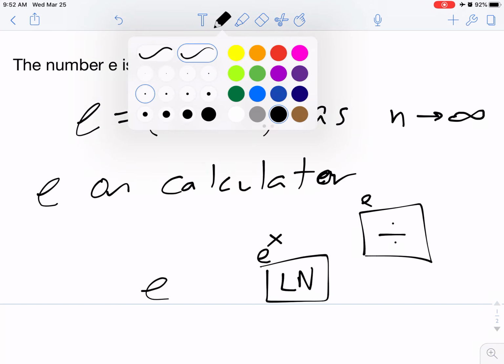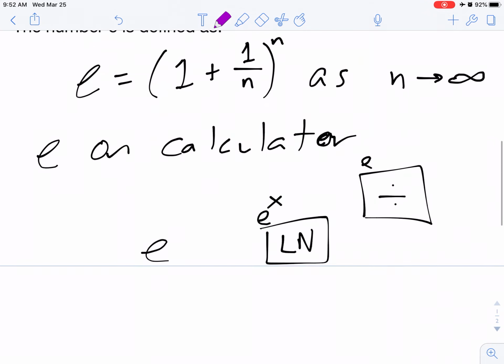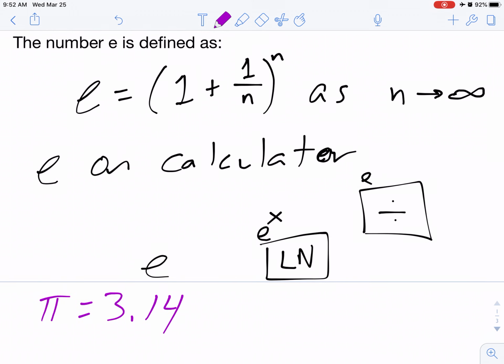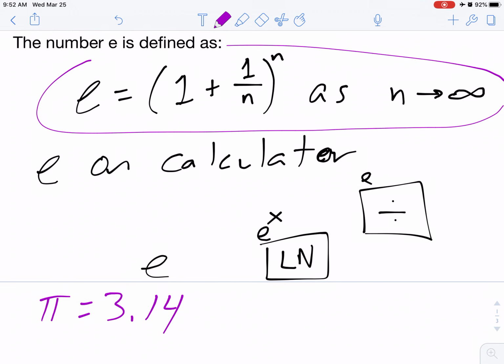At some point in your life, you would have accepted that pi was just a number. Most of us remember pi is 3.14, but what most people don't remember is the definition for pi. Like pi, e has a definition. This is the definition for e.